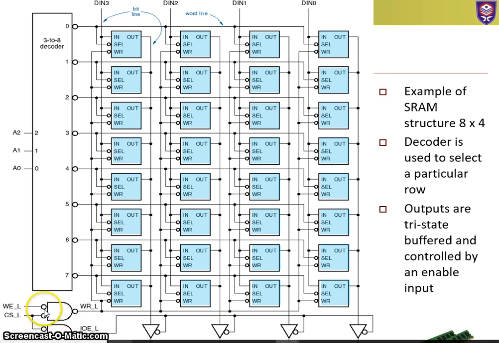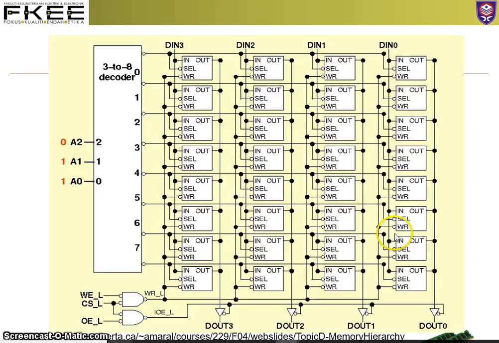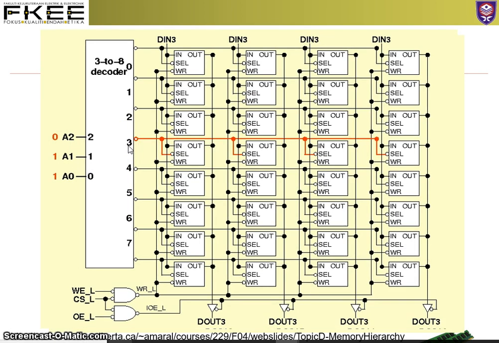So it is active low input and active low output. In this example I need data from line 3 over here, so I have to put 0, 1, 1, so it will select pin 3 over here. It is all connected to the select input, meaning that all the cells are activated, and then we'll read the data.